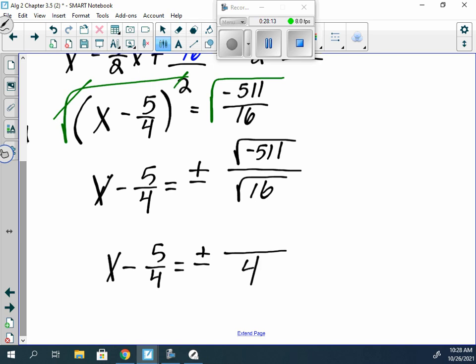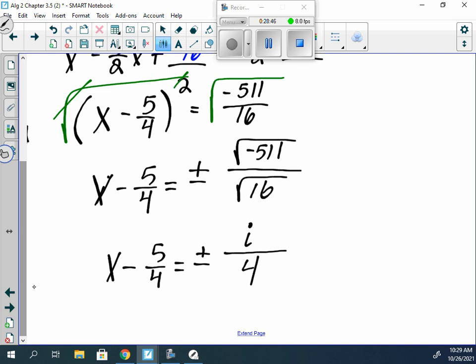Well, the square root of 16 is 4, and the negative with 511 would come out as i. Now we can grab the other calculator and say square root of 511. And it tells us that it's actually 511, because 511 is not divisible by 2. It's not divisible by 3 because 5 plus 1 plus 1, if we add the digits together, is 7.